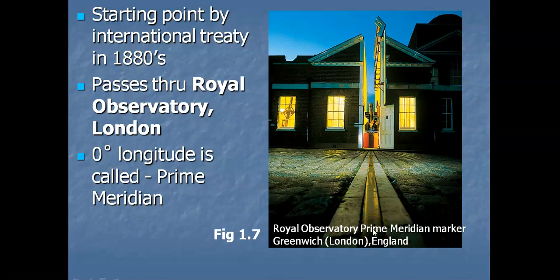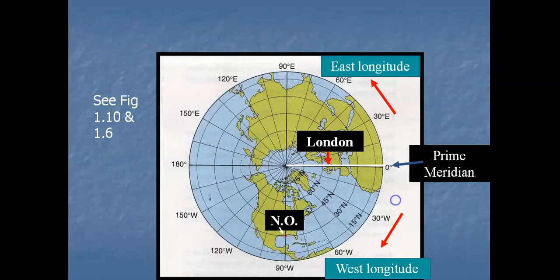It's kind of a fun thing to do. Or you could put each foot on either side, and you can be in the eastern hemisphere on one foot and the western hemisphere on the other foot. It's kind of a fun thing to do. And so, like I said, Greenwich is just a suburb of London, just right across the Thames River, all right? And so that's it.